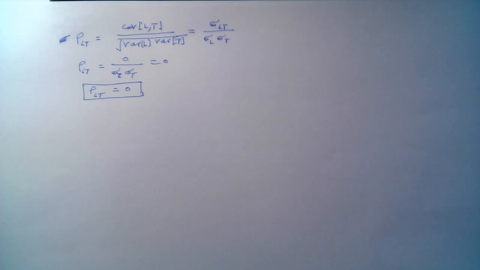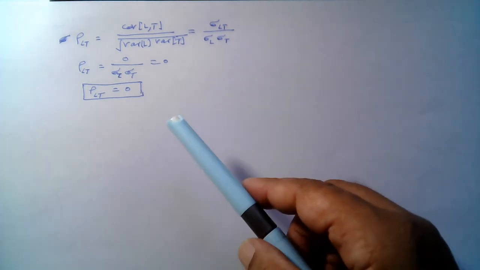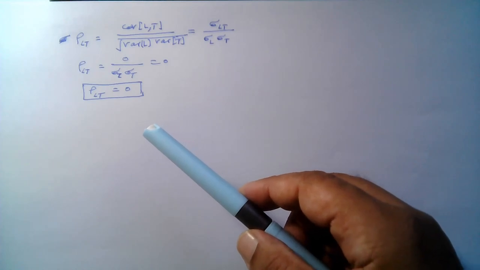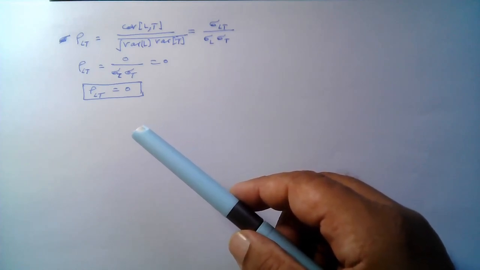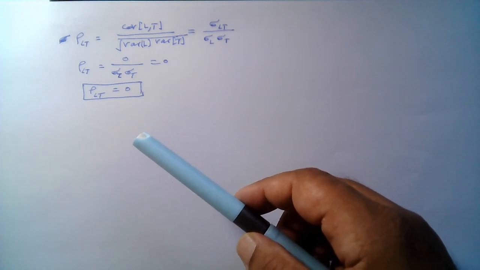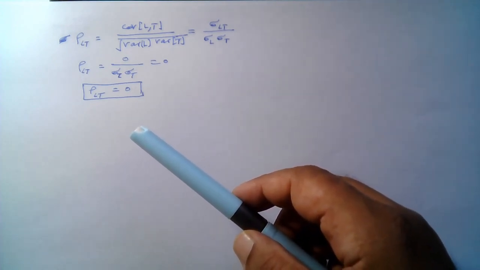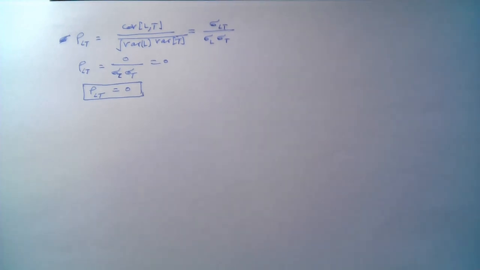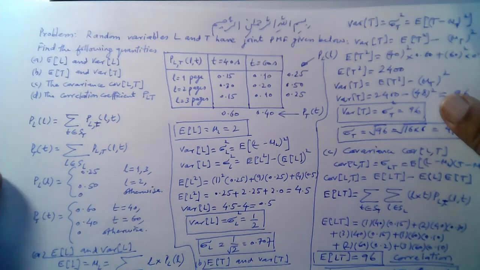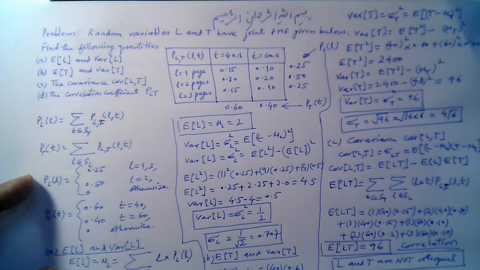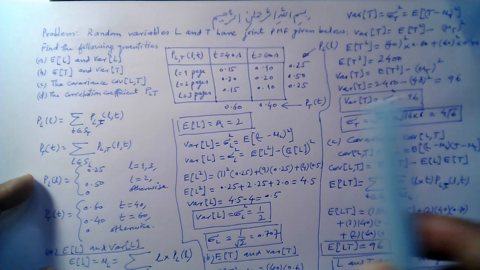So you might think that this result is probably not what it should be. The number of pages and time taken must be correlated. Rather, they must be highly correlated. But if you revisit the problem statement again, L is the number of pages 1, 2, 3, right? And T is the time to transmit one page, which is 40 seconds for text only and 60 seconds for a page with images, right?